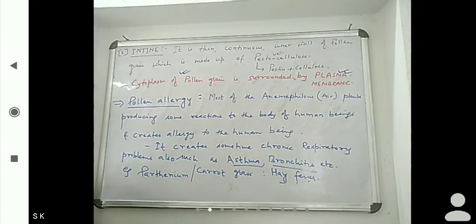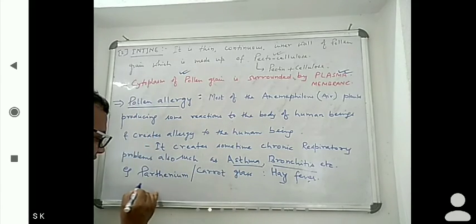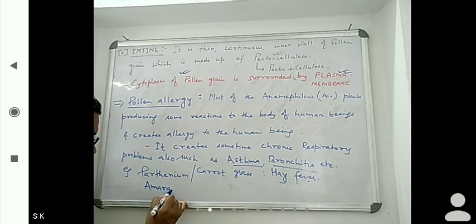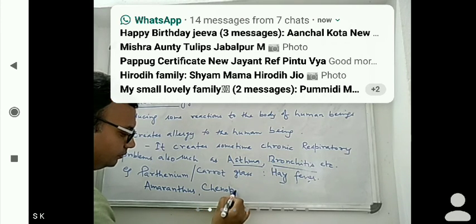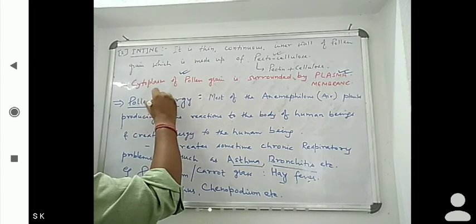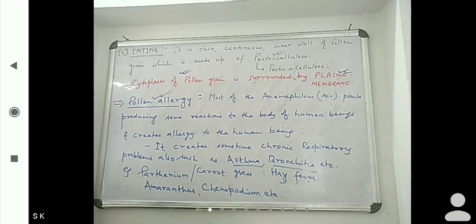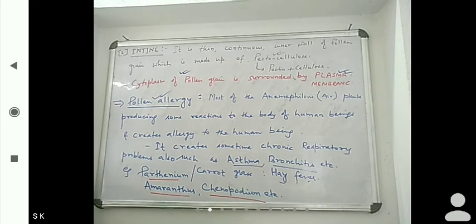Some more examples are Amaranthus and Chenopodium. So Parthenium, Amaranthus, Chenopodium, etc. cause pollen allergy. These examples you have to remember. So these plants create what? Pollen allergy.